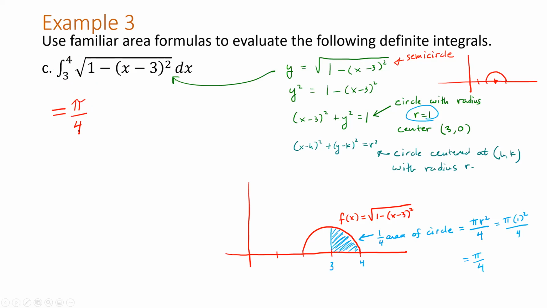Okay, so that one is a trickier one because maybe it's less obvious what curve we're dealing with. But something to look out for when you have something in this form: you can see this is a semicircle.